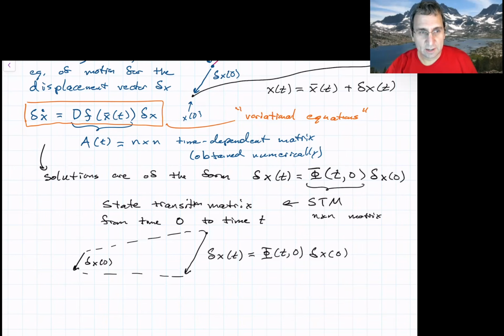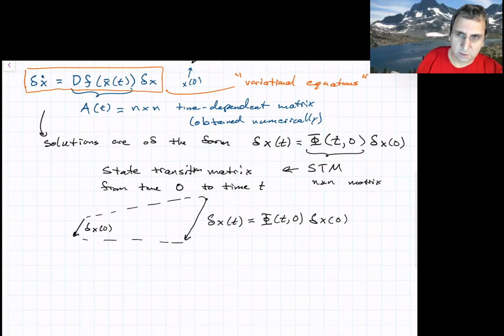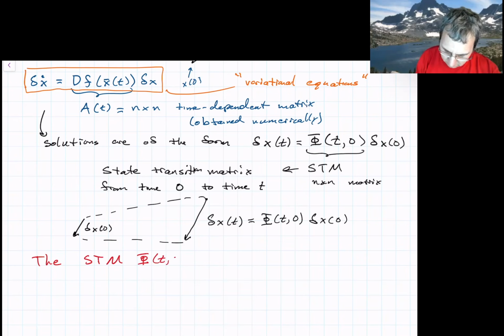So to calculate this state transition matrix, we calculate a version of the variational equations, but one that's appropriate for phi. So this is how we do it. The state transition matrix along a reference orbit or reference trajectory, which doesn't have to be periodic yet.